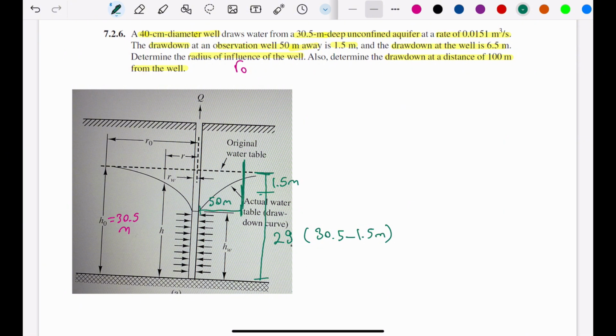Also in the question, it says we have drawdown at the well is 6.5 meters. So let's say we have 6.5, which makes this area 24 meters.